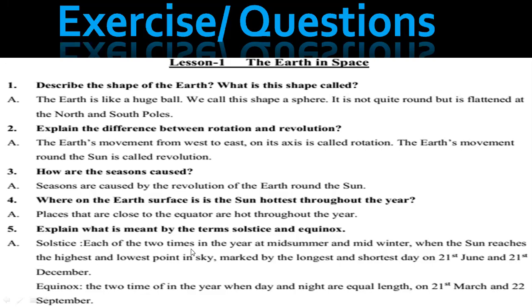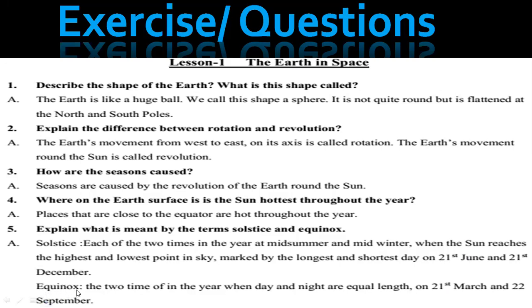Each of the two times in the year, at midsummer and midwinter, when the sun reaches the highest and lowest point in the sky, marked by the longest and the shortest day. On 21st June and 21st December. 21st June is the hottest and the longest day of the year, and 21st December is the shortest day of the year.